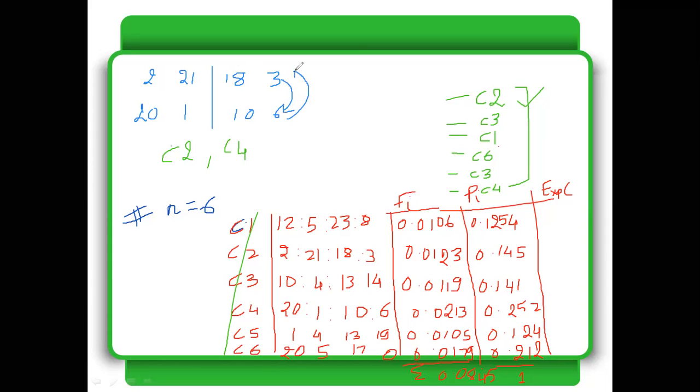And I am going to generate 2 new individuals, that is y1 it is 2, 21, 10 and 6, while y2 is going to be 20, 1, 18 and 3. अब अभी हम रिप्लेसमेंट की कोई बात नहीं कर रहे. अब मेरे ये 2 नए इंडिविजुअल्स आ गए विच आर देयर. ओके. So these are the values of A, B, C, D.